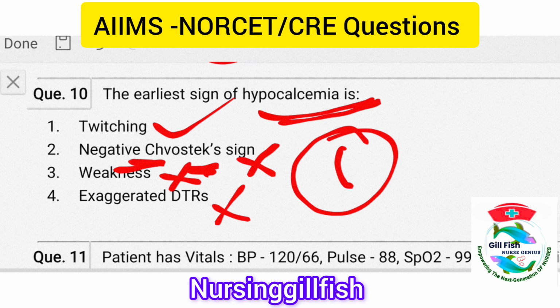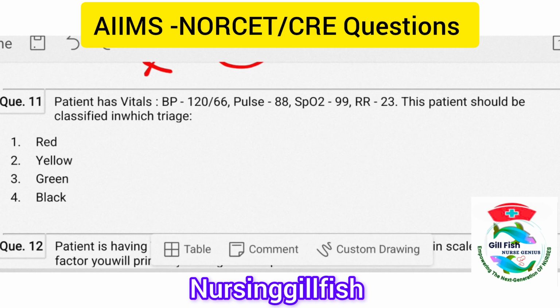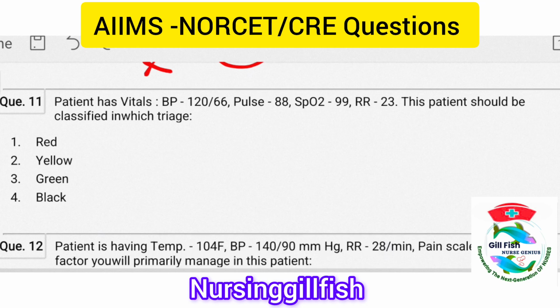Okay. Next question. 11th question. The patient has vitals BP 120 per 66, pulse 88, SpO2 99 and respiratory rate 23. This patient should be classified in which triage? Option 1 red color, option 2 yellow color, option 3 green color, option 4 black color.